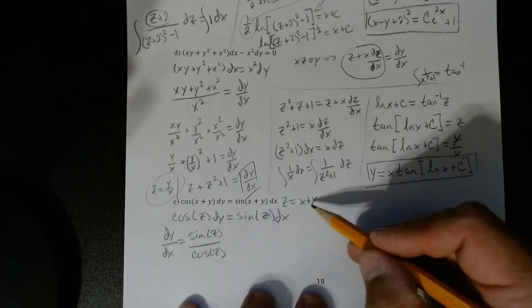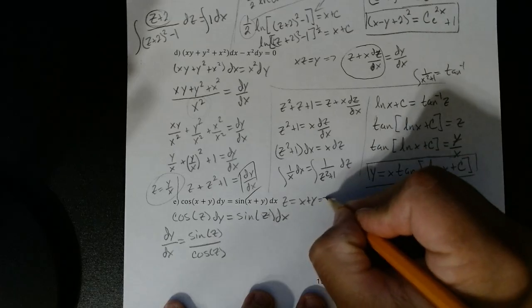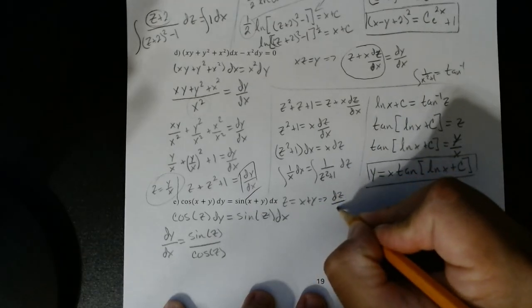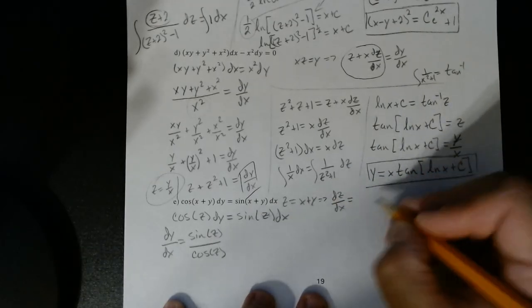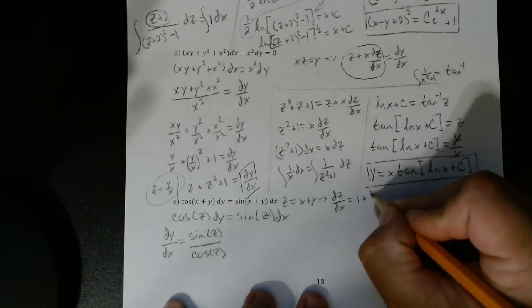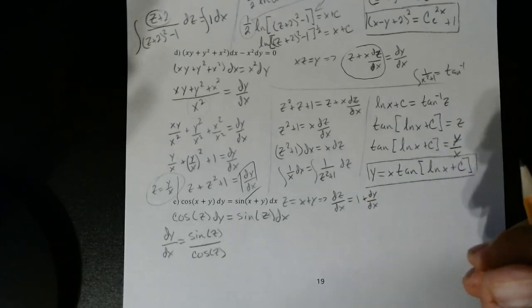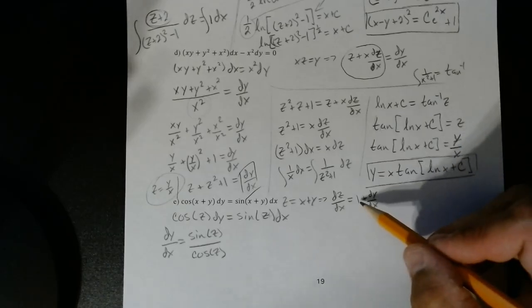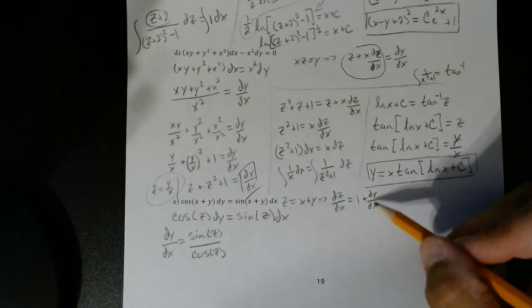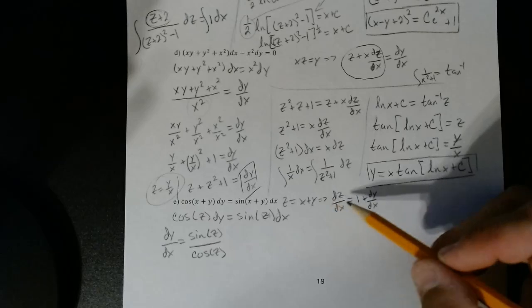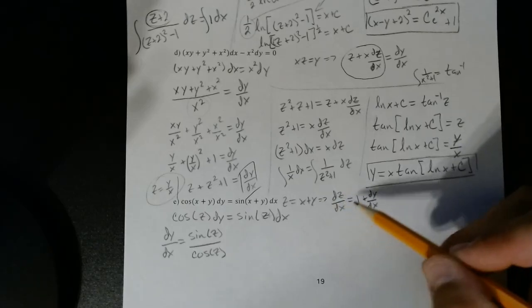All right, so going back over here, taking this derivative with respect to x. So therefore, if I just subtract this 1 over, dy dx is going to equal dz dx minus 1.